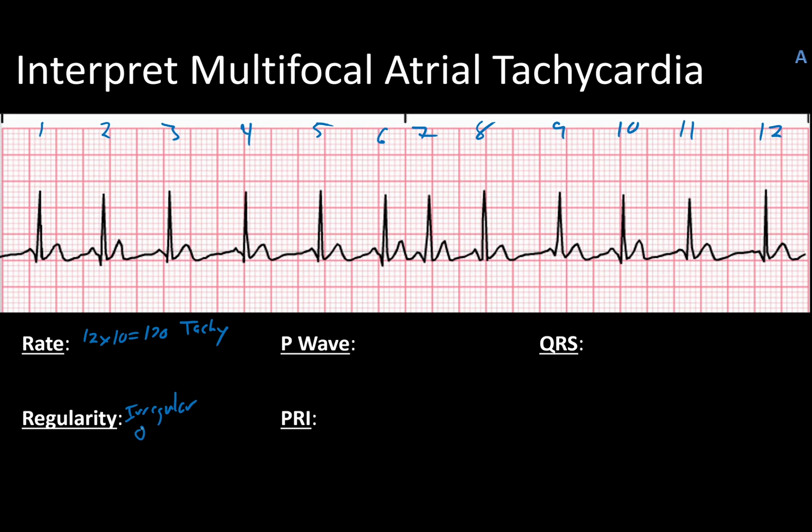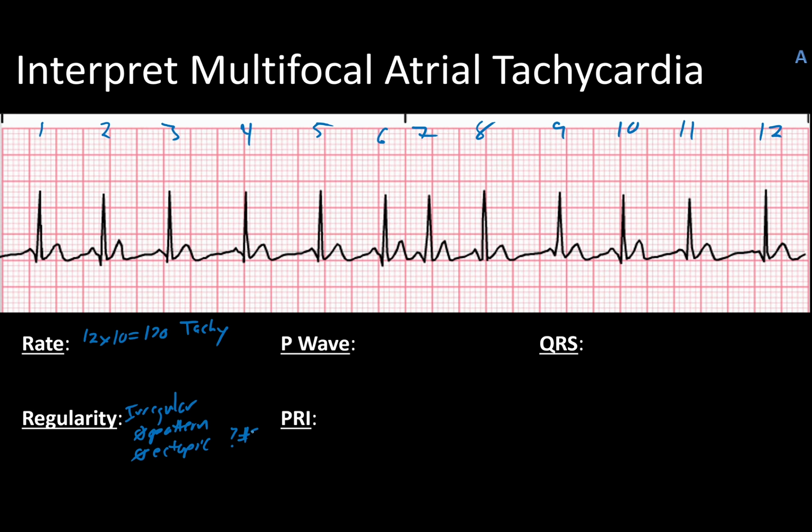We don't really have a pattern. You could argue that maybe number 7 is ectopic because it's so early, but this whole mess is so irregular it's kind of hard to say which one's inappropriate. So we'll just go ahead and say no ectopics for now.